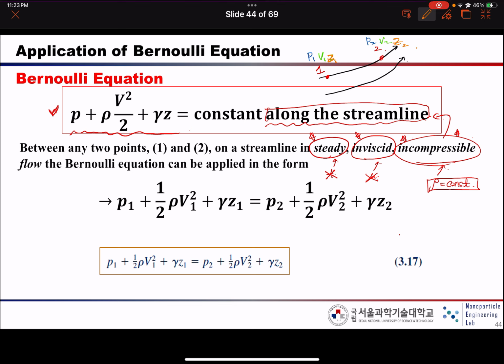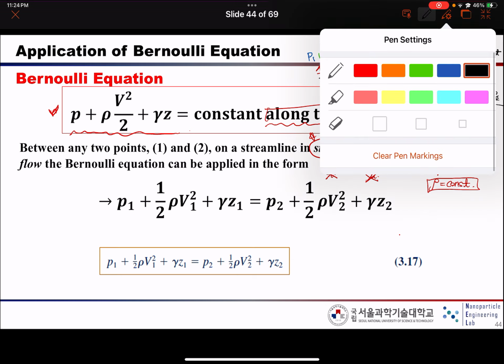But in this case, the Bernoulli equation should be valid, so we can write it like this.